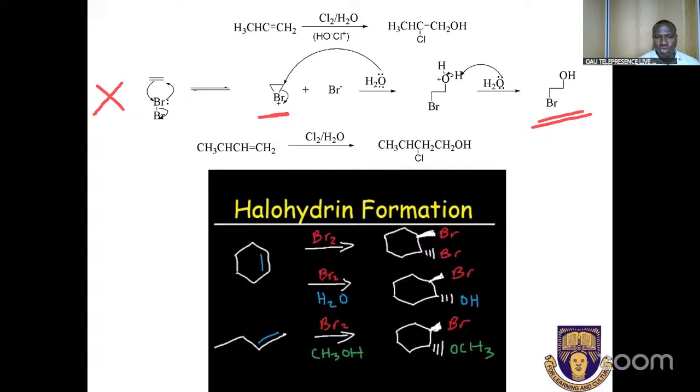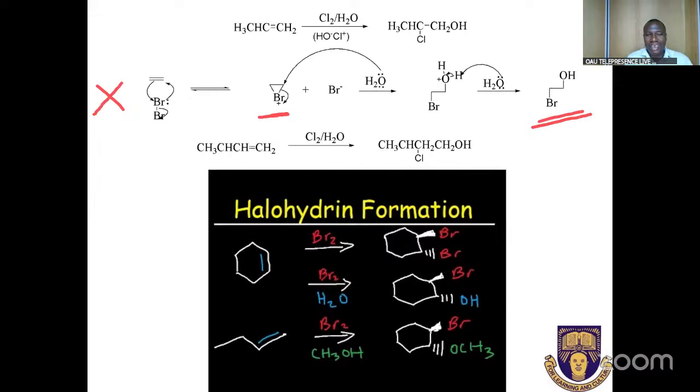So what you need to remember here is that if you look at the product very well, it follows an anti-Markovnikov type addition. What I mean is that the positively charged species is not first picked up so that we have, in quotes, the more stable cation type system, which we have for Markovnikov addition.